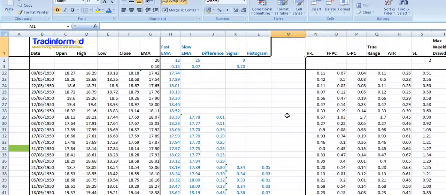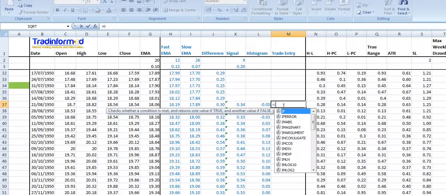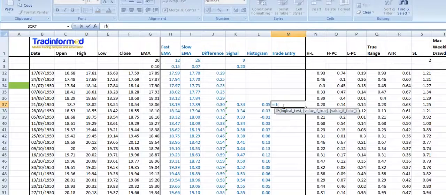So I'm going to put in a final column for our trade entry, and I'm going to use an if function here, and the function is going to look at whether or not we've had a crossover of the histogram from negative to positive.